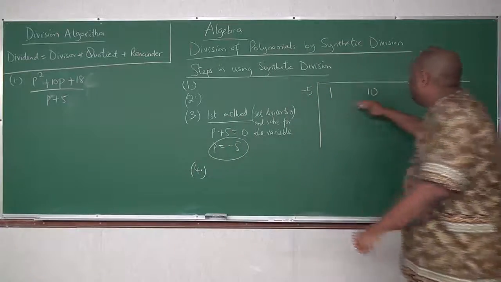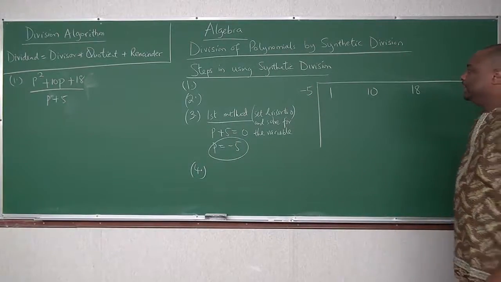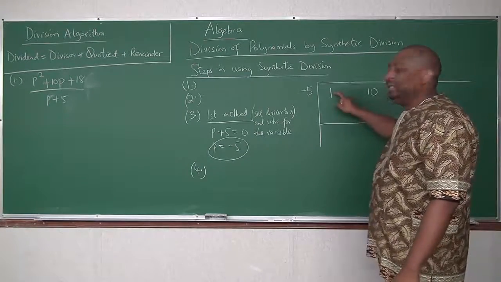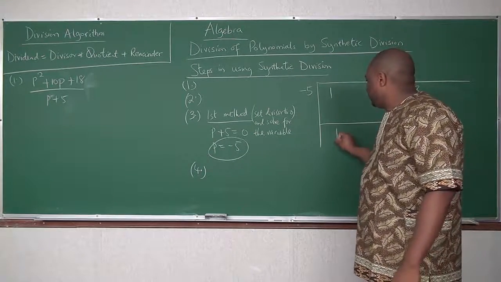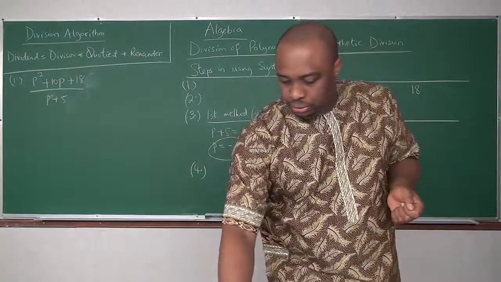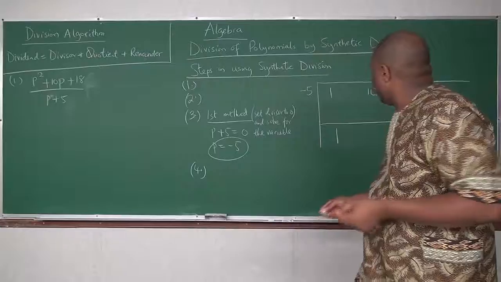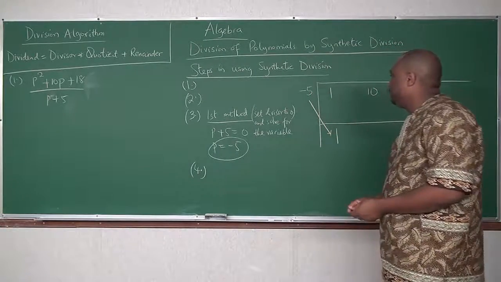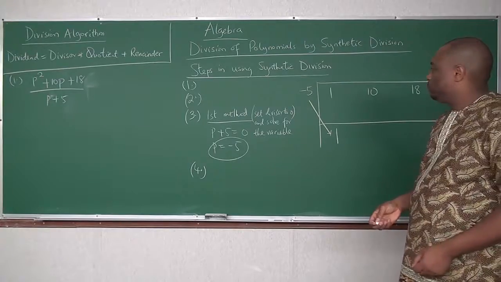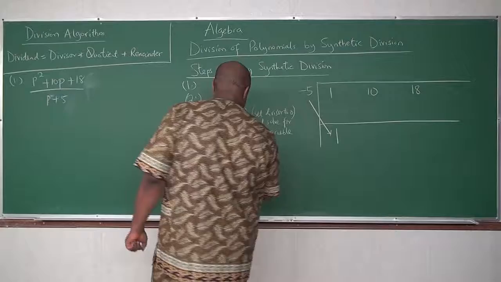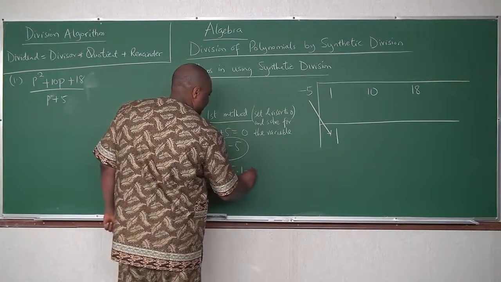So you write these coefficients of the dividend, then you draw another line here. This one here, you bring down, and I'm going to use a colored chalk. You multiply -5 times 1, and it gives you -5.